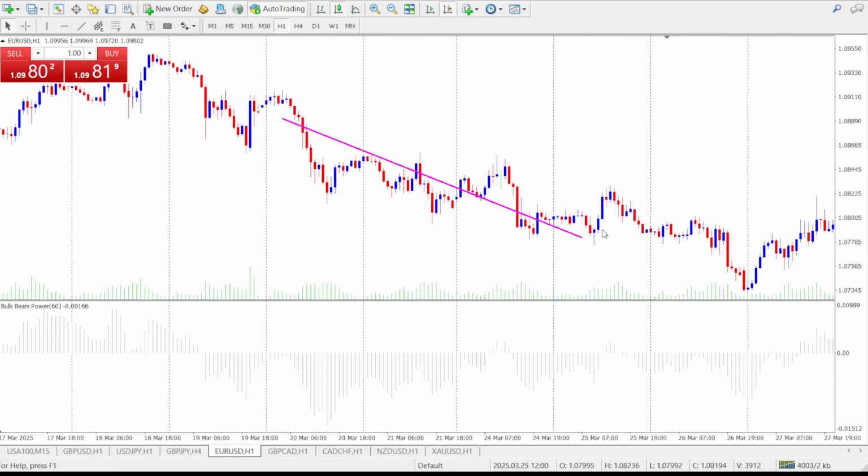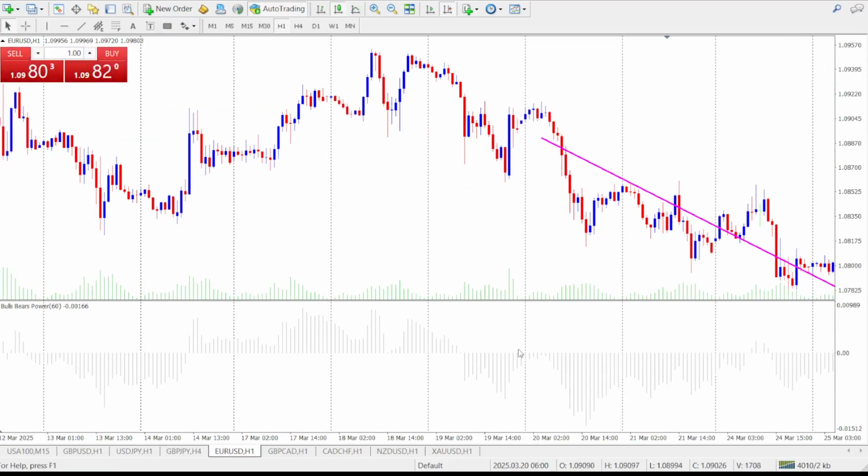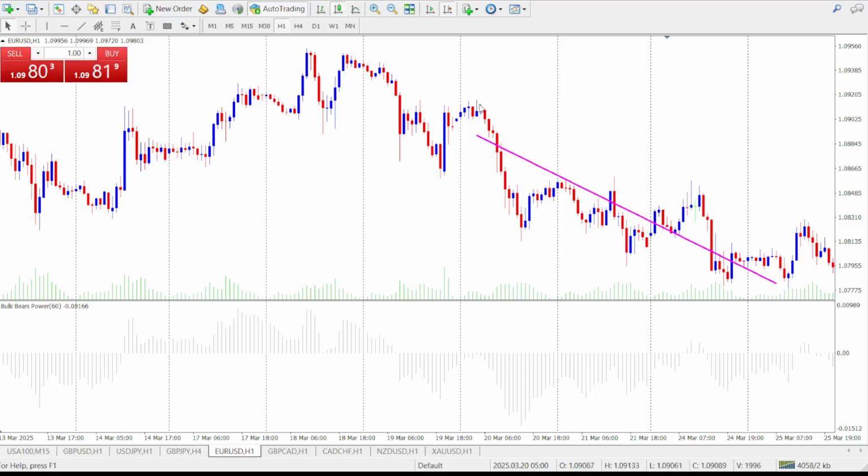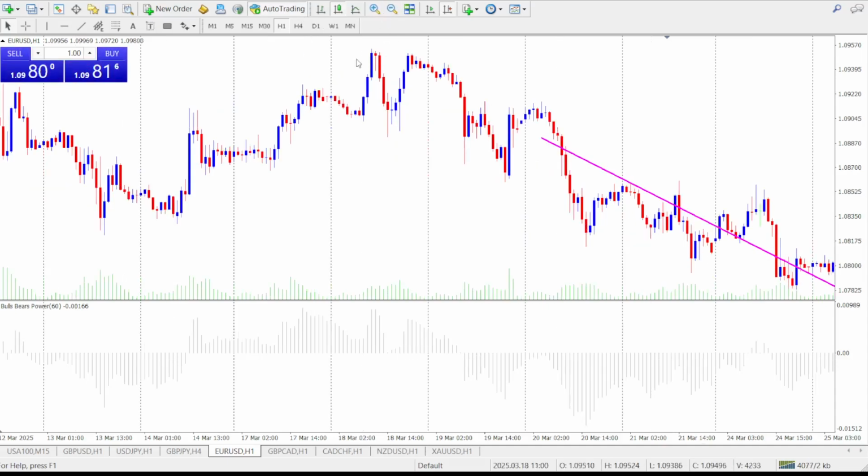On the flip side, when the bars move below the zero line, it means the bears are in control and the market is likely to experience a downtrend. So this is the time to consider short positions or exit your long trades. Maybe you had entered a buy position in line with this bullish trend.